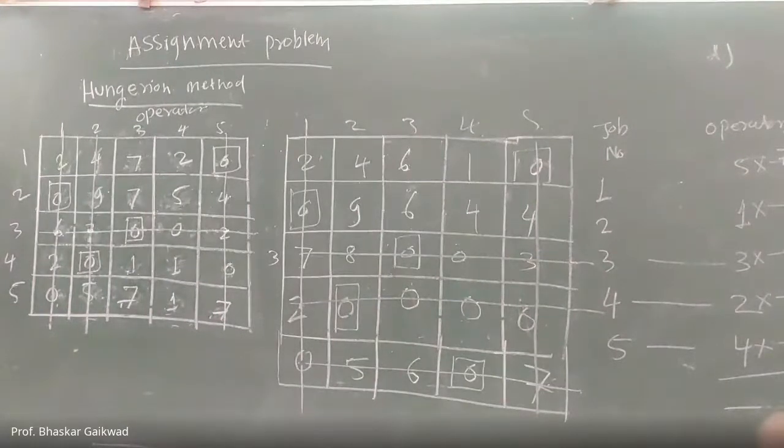And at last you will get the number of squares. This number of squares is equal to the number of columns or number of rows. If it is there, then the solution is optimum. Then you have to assign the particular job to the particular operator.